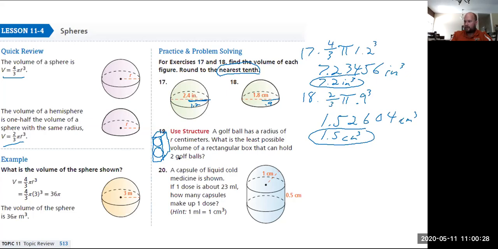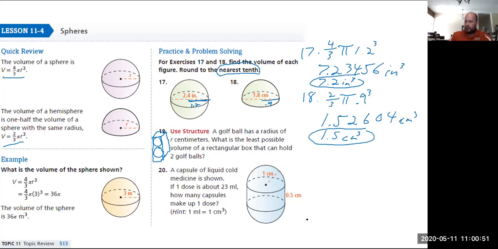So they told us a golf ball has a radius of r centimeters. They didn't even give us a dimension here. We just have to figure it out based on r. Well, if we know that r is representing our radius, then our diameter would be 2 times r.